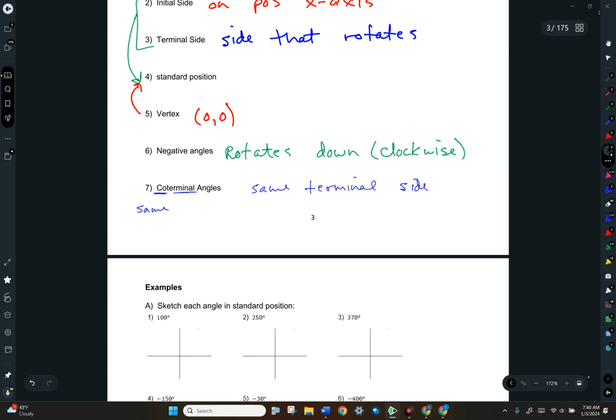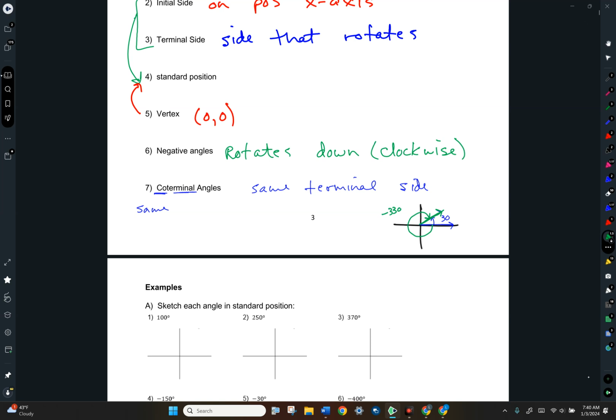So let's say, for example, maybe we just talk about a 30-degree angle. All right, well, a 30-degree angle, so here's the initial side. If I rotate 30 degrees, and I'm not saying this is drawn to scale, so if that's a 30-degree angle, a coterminal angle might be, what if we have an angle that rotates the other direction, but it lands right there on that same side, but because it rotated in a negative direction, that one would be a negative 330.